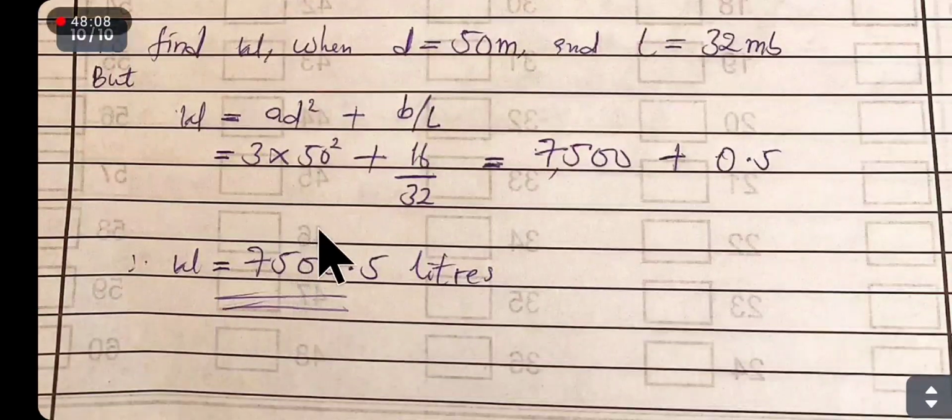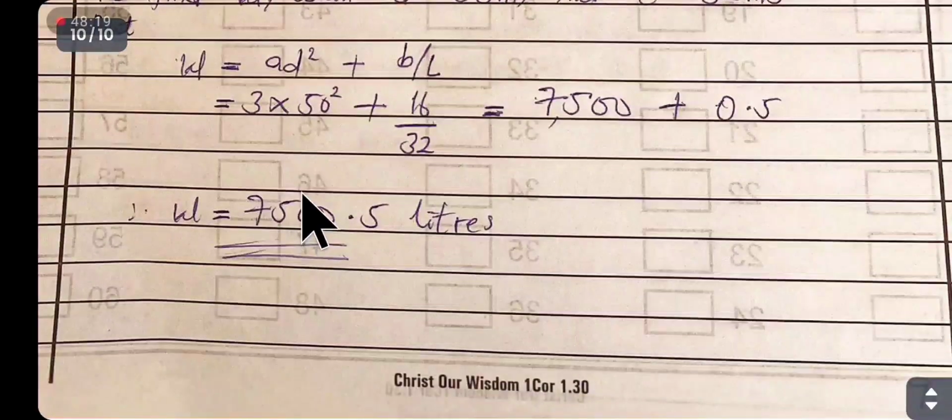Now 7,500 plus 0.5 is going to give us 7,500.5.